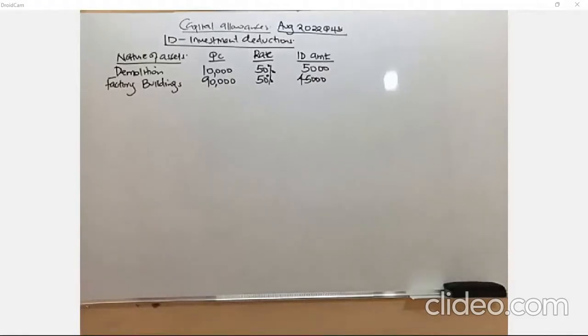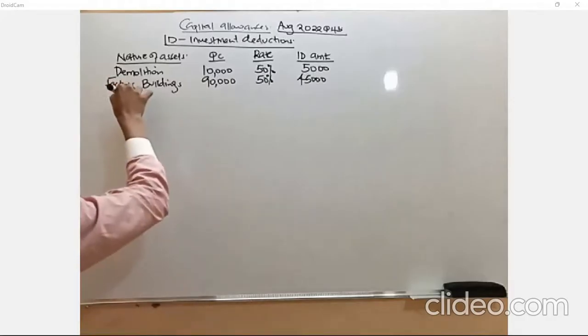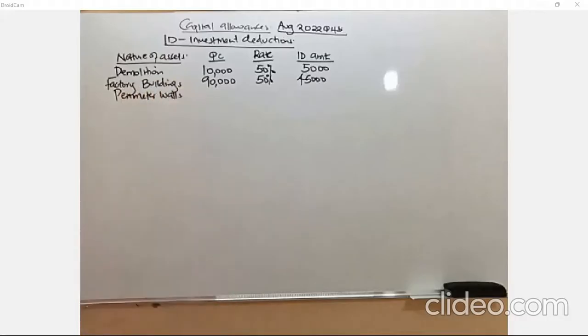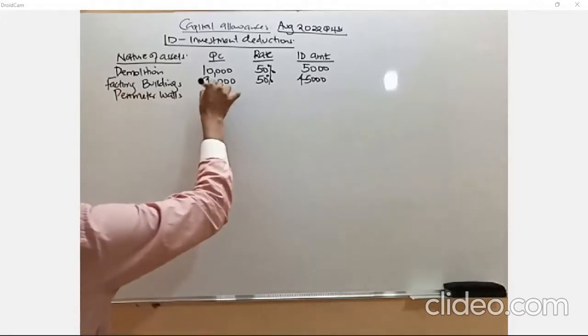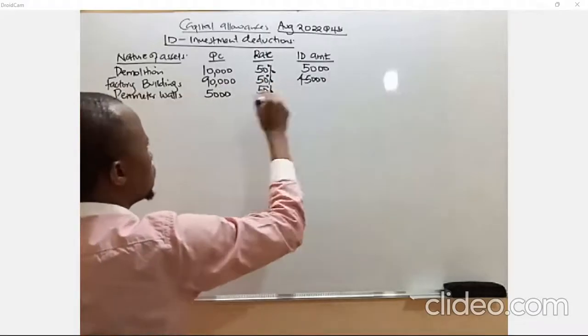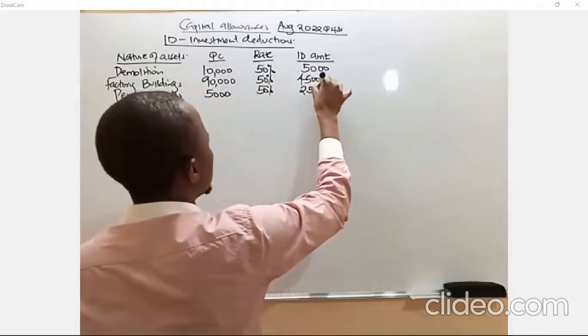The next thing I can see that qualifies for the IBD, we have the perimeter walls. So perimeter walls, the qualifying cost is 5,000. Granted 50%, right? This translates to 2,500.